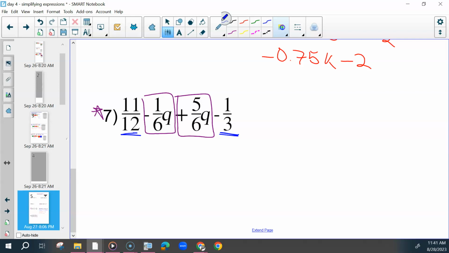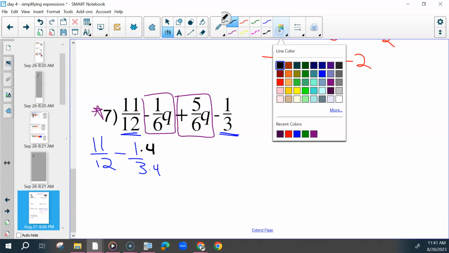It doesn't really matter which one we do first. Let's say I do the 11/12 first. In order to combine fractions, we have to have the same denominator. So we have to change this 3 to 12 by multiplying it by 4. And then what we do to one piece of the fraction, we also have to do to the next piece.